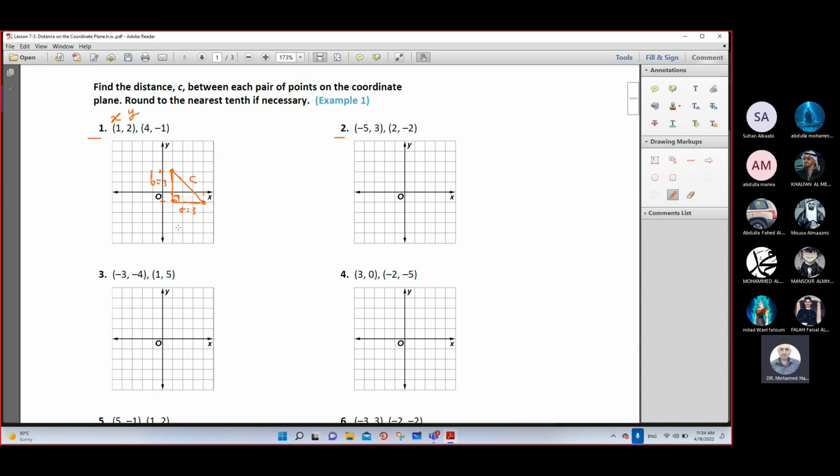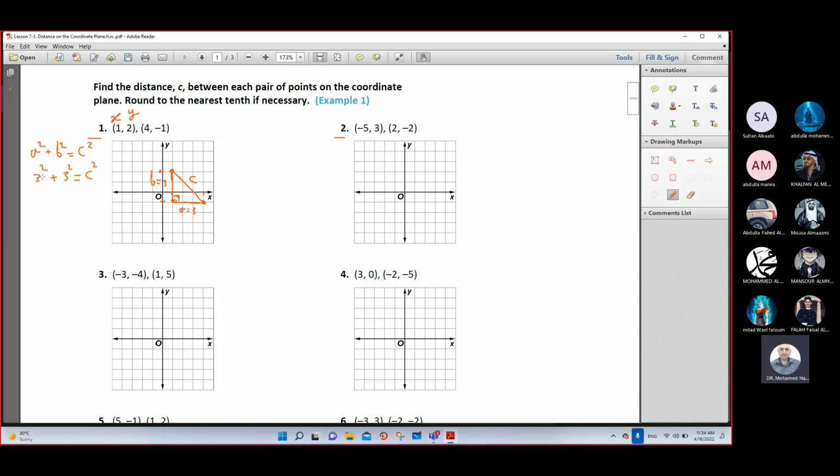Then you can use the Pythagorean theorem, because you have a right triangle here, to find the missing hypotenuse, or the distance C. So you can write the rule here: A squared plus B squared equals C squared. The value of A will be 3, so 3 squared, plus also the value of B will be 3, equals C squared.